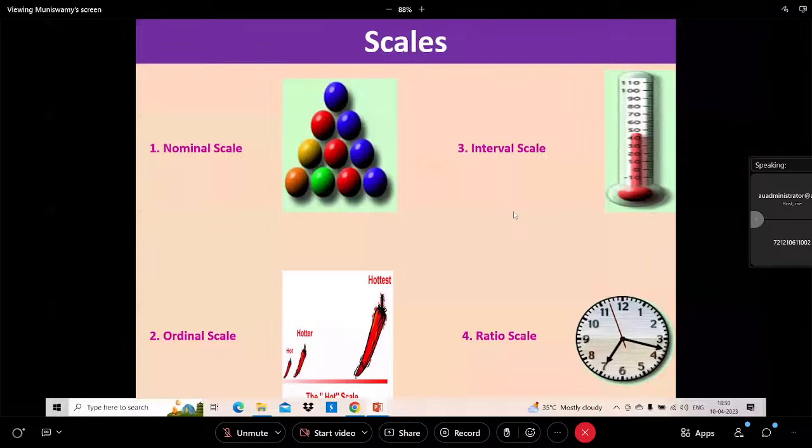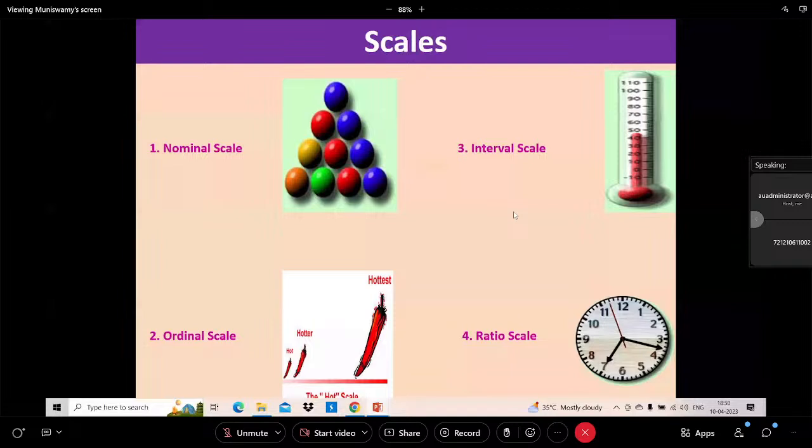But for the ratio scale: out of 24 hours, how many hours are you sleeping? Out of 24 hours, how many hours are you spending with your smartphone? Out of 80 marks, what are your marks? 60 by 80, 20 by 80. That type of data.